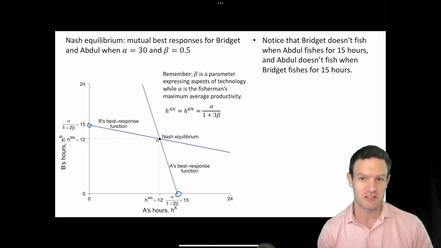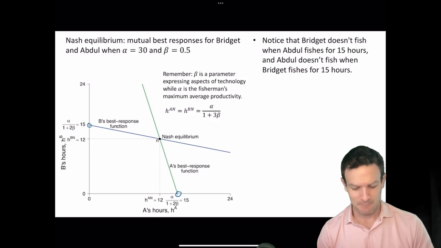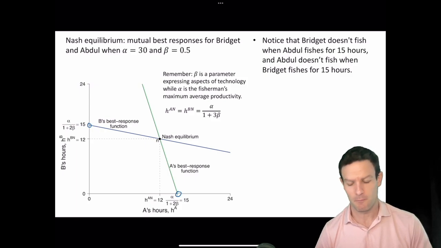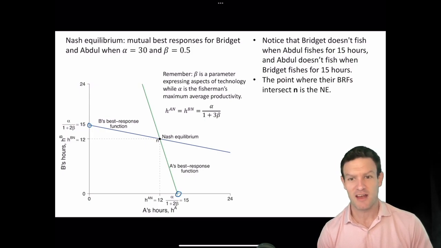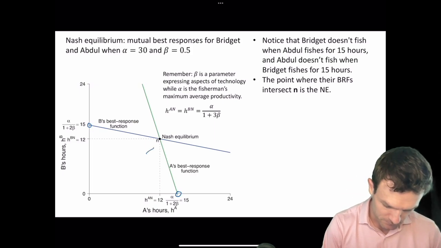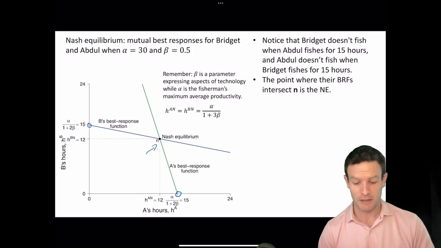When Bridget fishes 15 hours, Abdul doesn't fish. Those are the points that we think about with their best response functions. Now, where their best response functions intersect, that is the Nash equilibrium. That is a mutual best response that occurs at point little n over here.